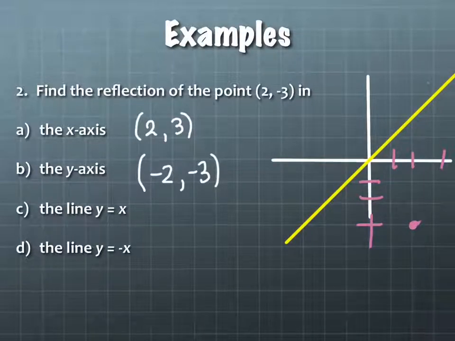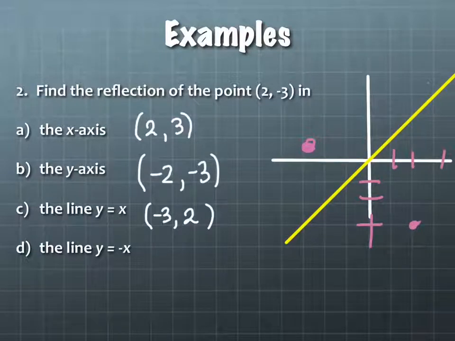So we would expect the point to come over here somewhere, right? Approximately, if I reflected it over that line or folded along that line. So what would be the ordered pair when I switch these? (-3, 2). And that makes sense in terms of my ordered pair, approximately. That's where that pink point approximately landed.